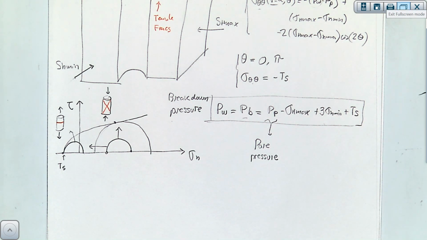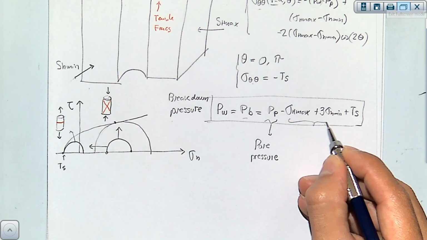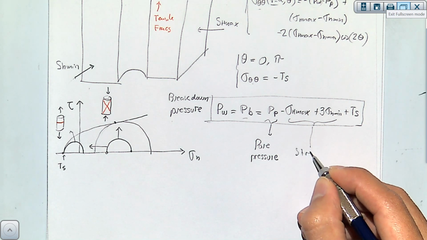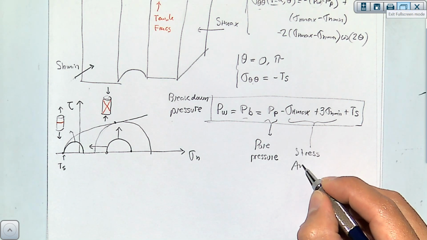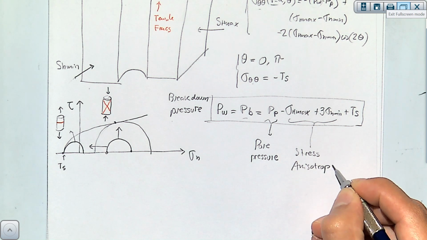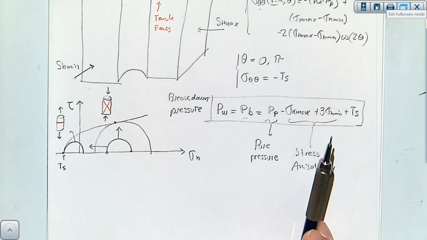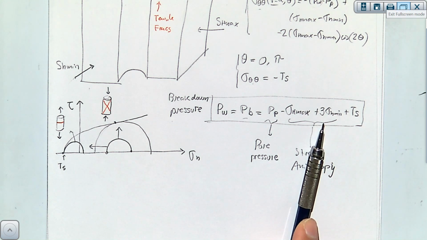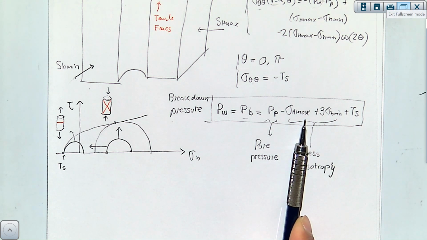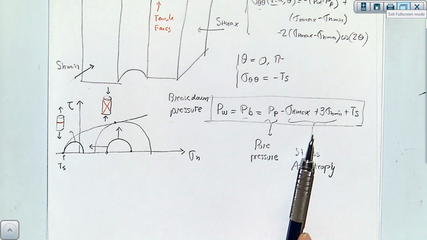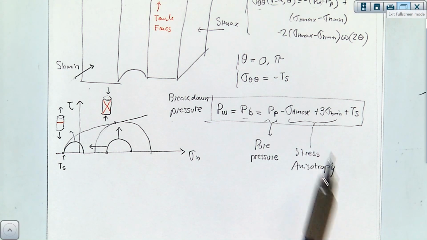The pressure in the wellbore has to be higher than the pore pressure. That's the only way that a fluid is going to be able to apply a normal stress in the pore of the wellbore. The second factor is stress anisotropy.